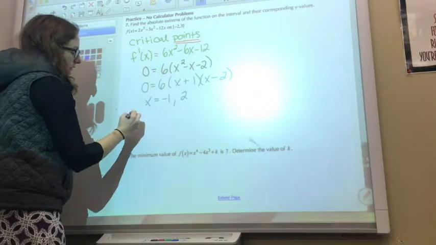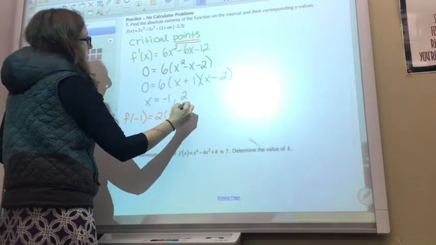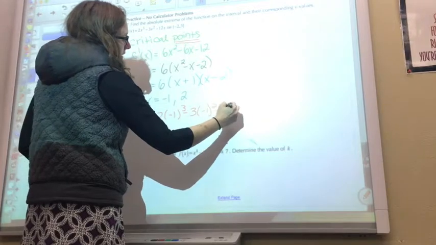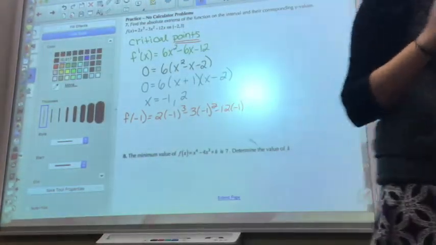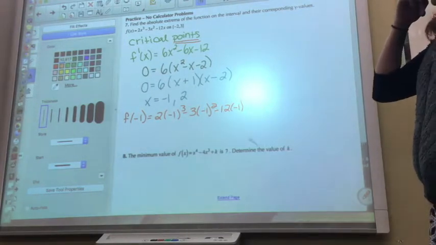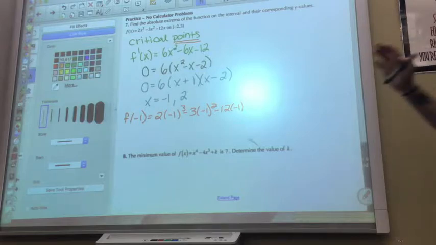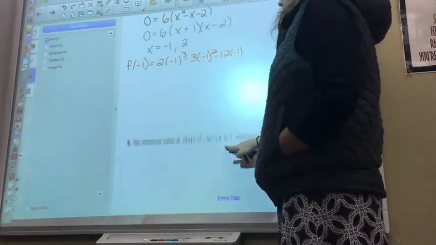So f of negative 1 is 2 times negative 1 cubed minus 3 times negative 1 squared minus 12 times negative 1. And you might be tempted to go, Hartman, can't I just plug this into my calculator? But they're not ever going to ask you an absolute extreme problem on a calculator because you could just look at the graph. They're going to make you do it by hand. So we want to practice that.